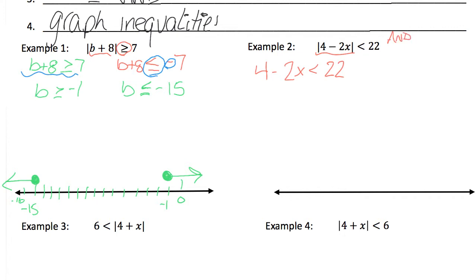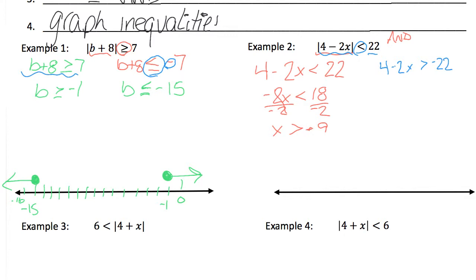The second one, we keep this part, 4 minus 2x, but now we flip our sign to make it greater than, and we make this 22 a negative 22. Now we can solve. We get negative 2x is less than 18, divided by a negative. Remember, when we divide or multiply by a negative, our inequality sign flips.